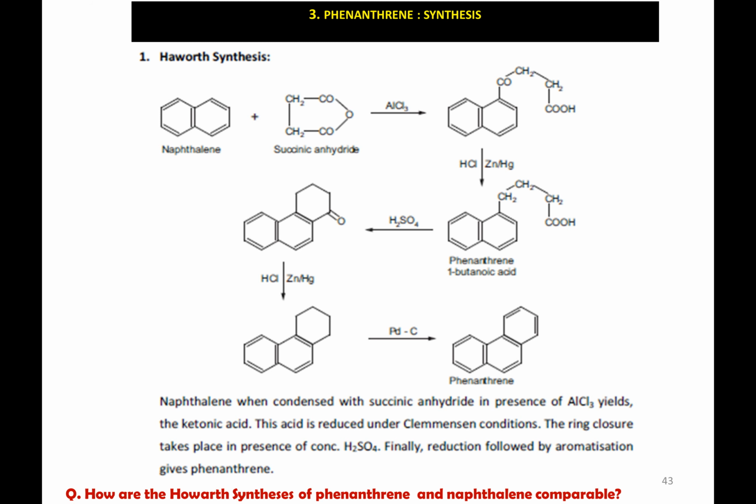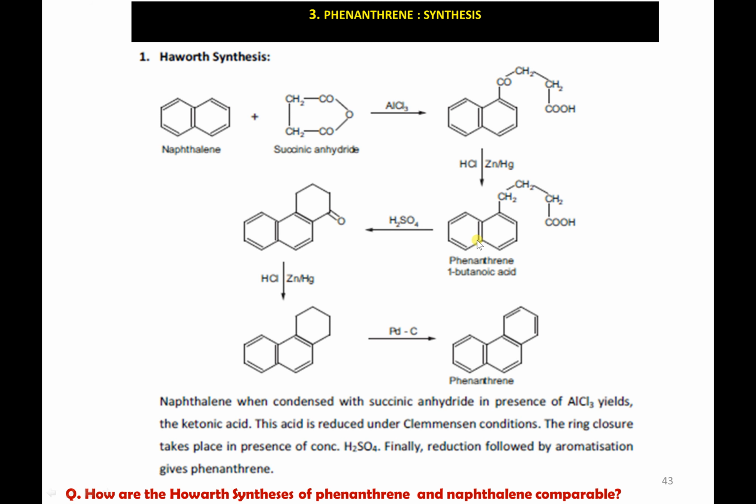As I told you, it is almost on the same lines as naphthalene, only the starting material in the case of naphthalene was benzene. Here it is naphthalene itself. Otherwise it is the same succinic anhydride. The first step is Friedel-Crafts acylation using the succinic anhydride with AlCl3. Then second is of course the Clemmensen reduction with zinc and HCl to reduce this CO group to CH2.